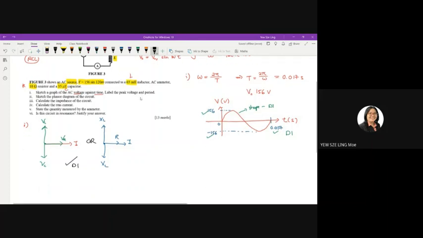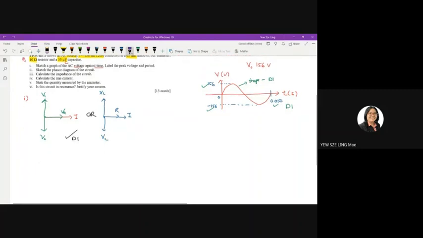Next, calculate impedance. So how to calculate impedance? Question 3, calculate impedance. Since you are given an RCL circuit, we are going to calculate XC, XL, and R. We are going to calculate these 3 quantities.